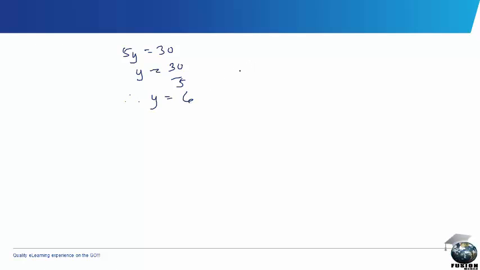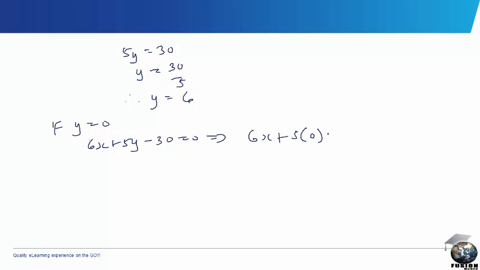What if we make y equal to 0 and keep x? The equation 6x plus 5y minus 30 equal to 0 turns out to be 6x plus 0 minus 30 equal to 0, so we have 6x minus 30 equal to 0.